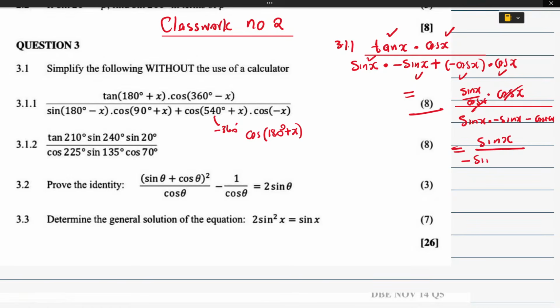It will be minus sine squared x minus cos squared x. Therefore, this is sine x over -1 into (sine squared x plus cos squared x), for which the answer will be sine x over -1 into 1. The answer will be negative sine x. That's a mark for the final answer.